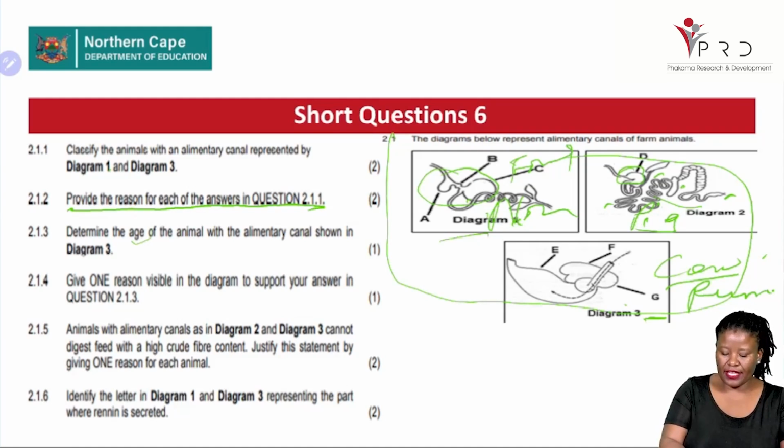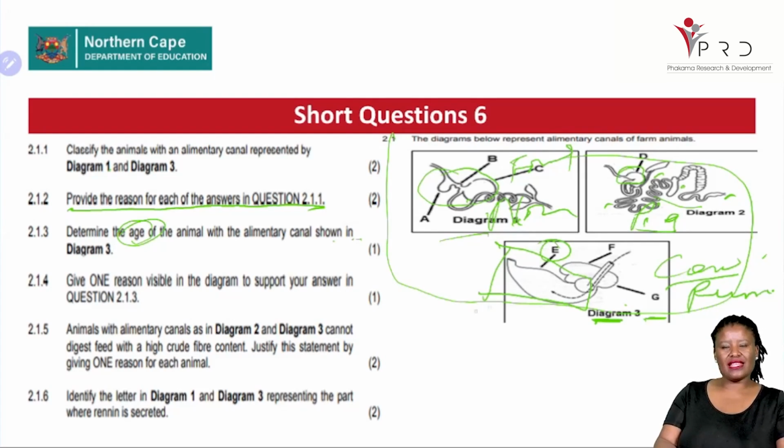Then state the age of the animal with the alimentary canal shown in diagram 3. What will make you identify the age? You are looking at your letter E, and it can tell you whether this animal is young or old. Give a reason which is visible in the diagram to support your answer.